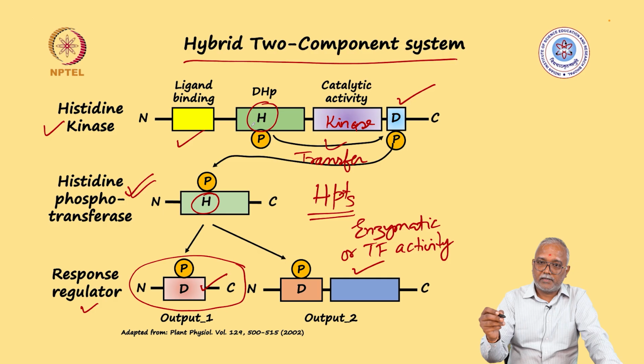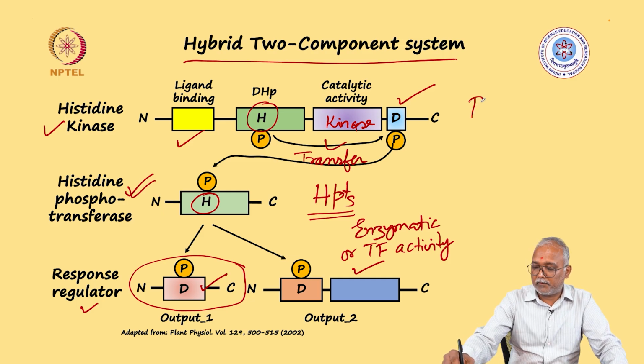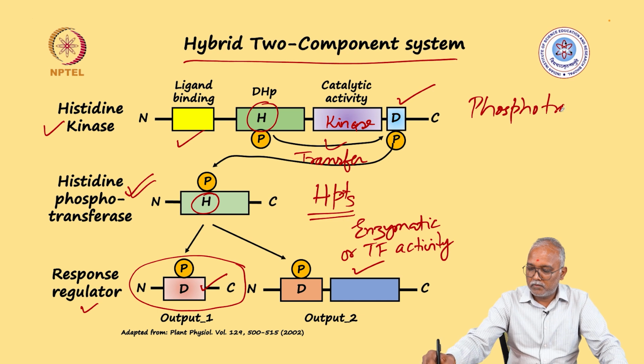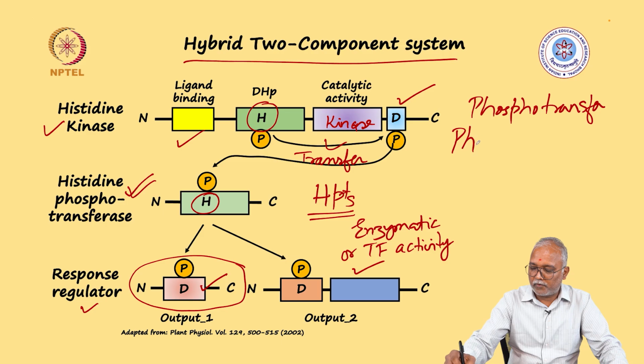So, you realize that here it's not just one step transfer of the phosphate group from one histidine to another aspartate residue. Rather, there is a sequence of events where histidine is involved, then the next aspartate is involved, then the next histidine is involved, and then finally you have the aspartate residue. So, here it's not exactly a phosphotransfer, rather it is called phosphorelay.